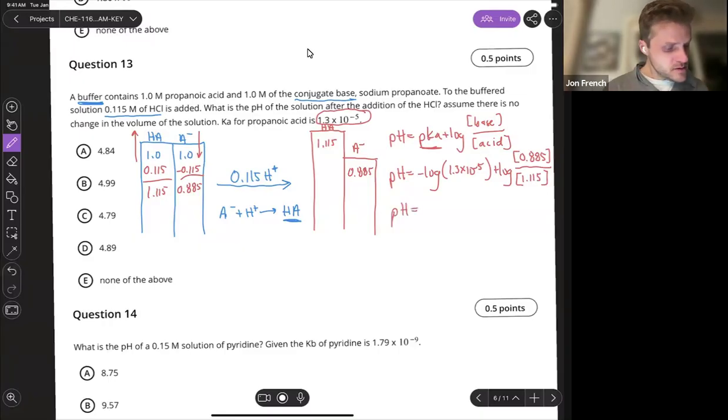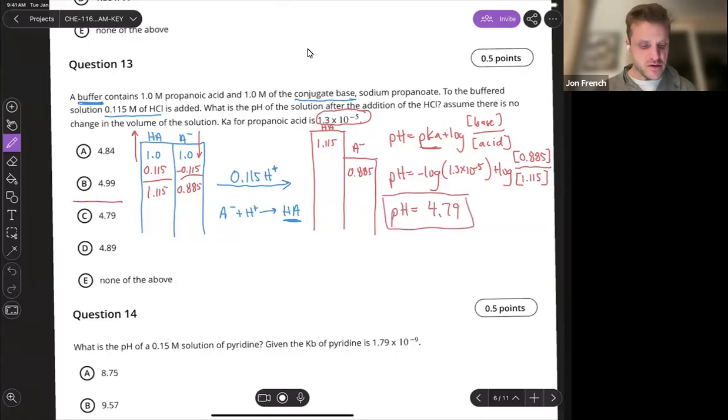So pH equals negative log 1.3 times 10 to the minus 5 plus the log of 0.885 divided by 1.115. And I get a pH of about 4.79 for this buffer question.